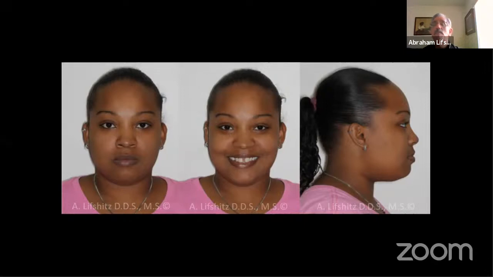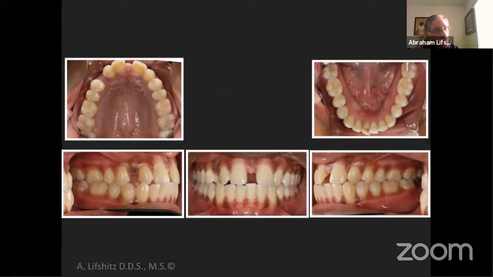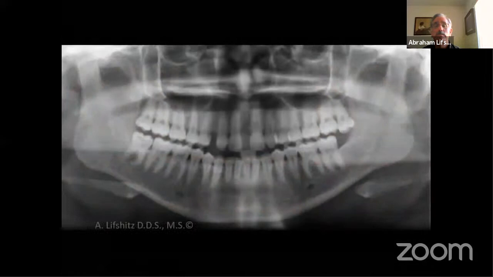However, for African Americans, this is within normal limits. She has a class 1 bilateral occlusion, a big diastema between the central incisors at midline, the left central incisor shifted to the left, and very limited crowding on the lower arch.